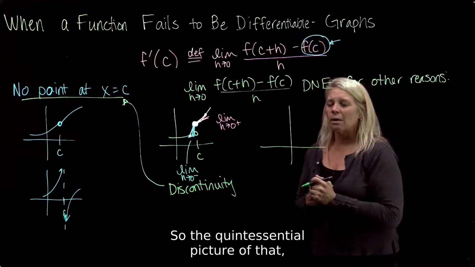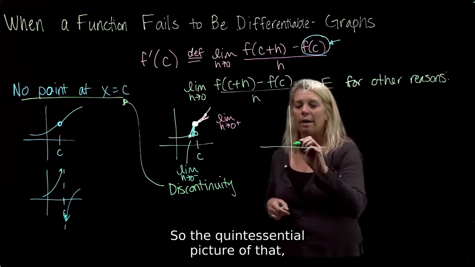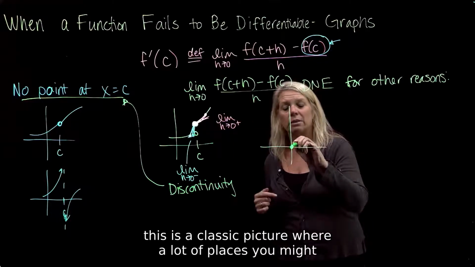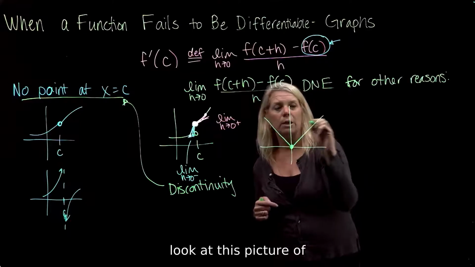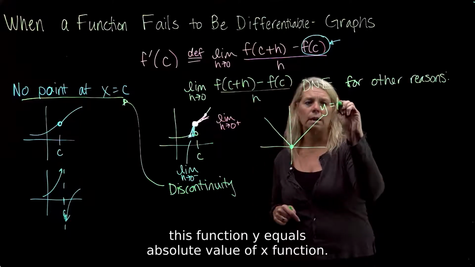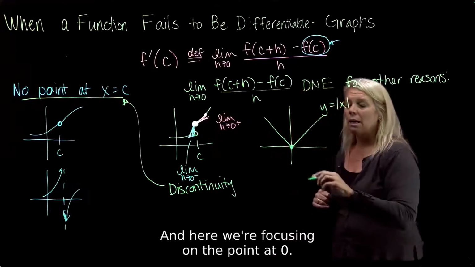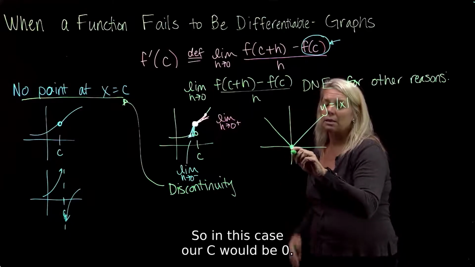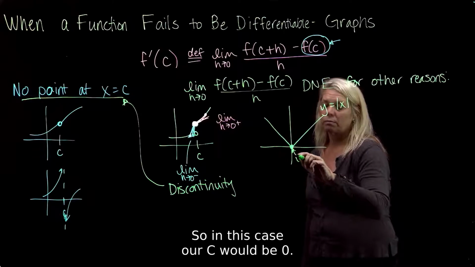So sort of the quintessential picture of that, this is kind of a classic picture where a lot of places you might look give this picture of this function, y equals absolute value of x function. And here we're focusing on the point at 0. So in this case, our c would be 0.